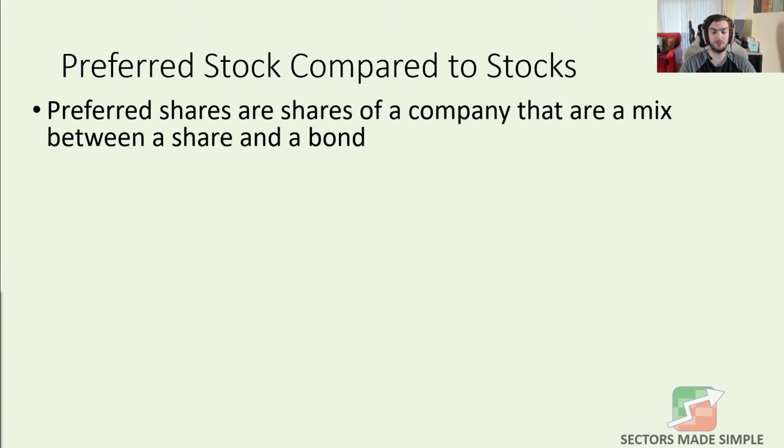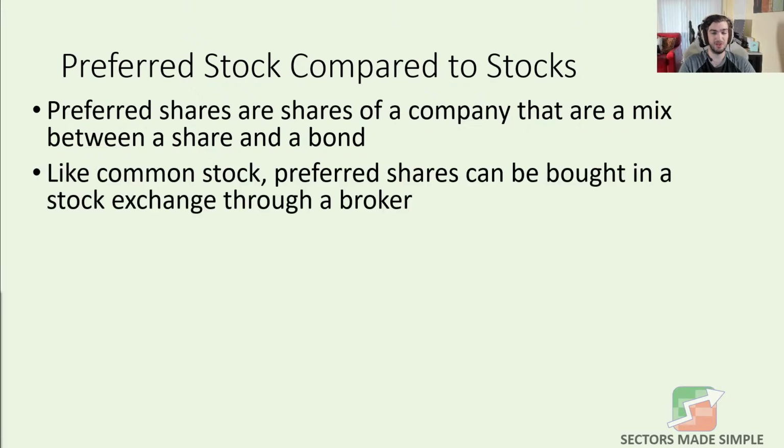Preferred shares are, or preferred stock, we can use those two words interchangeably, are the shares of a company that kind of work similar to shares and common stock, but also work similar to bonds and other debt securities. Like common stock, preferred shares can be bought in a stock exchange through a broker. So they're listed on the New York Stock Exchange, their price is tracked, and you can go to your broker and say, hey, go buy me 5 shares of preferred stock for this company.